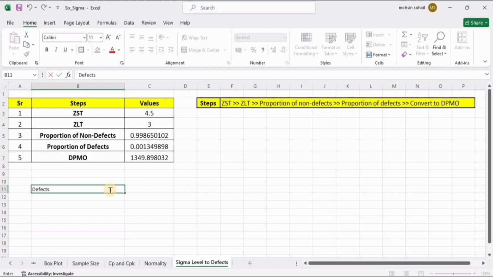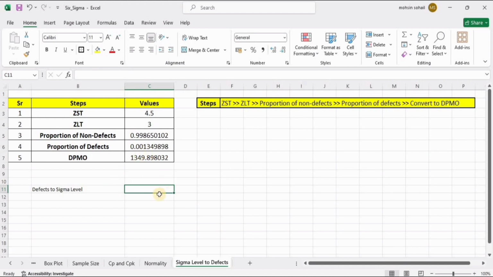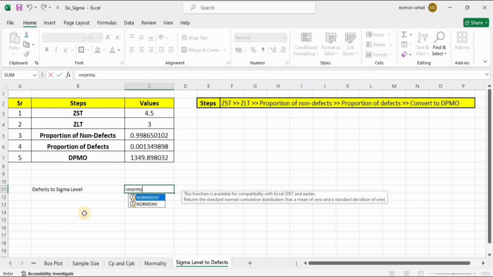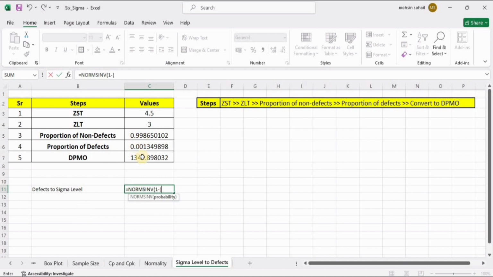Now if we have to move back to the sigma level, say we have the DPMO value as 1349, how can we go back to the sigma level? This is the formula: NORM.S.INV of 1 minus total number of defects divided by total number of opportunities.